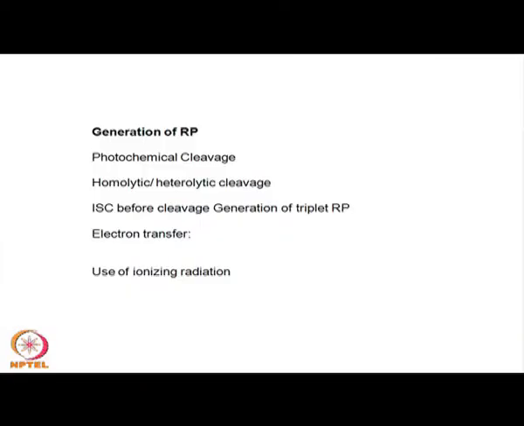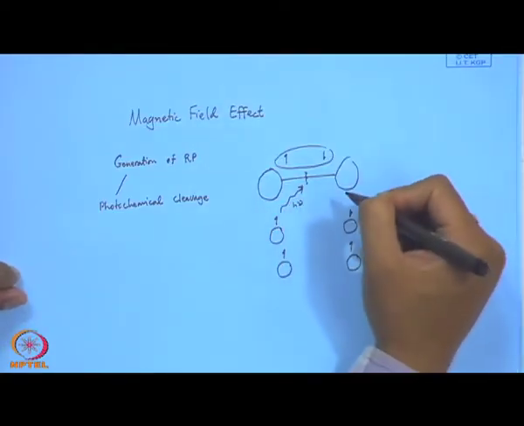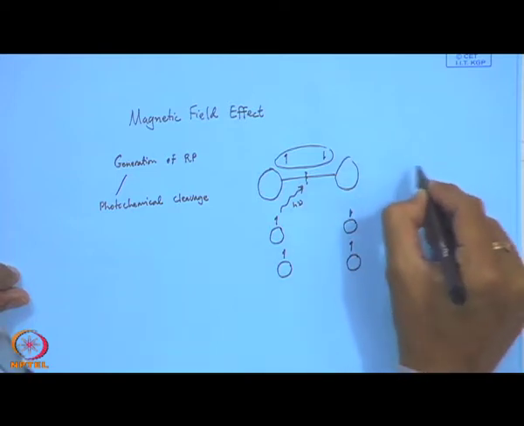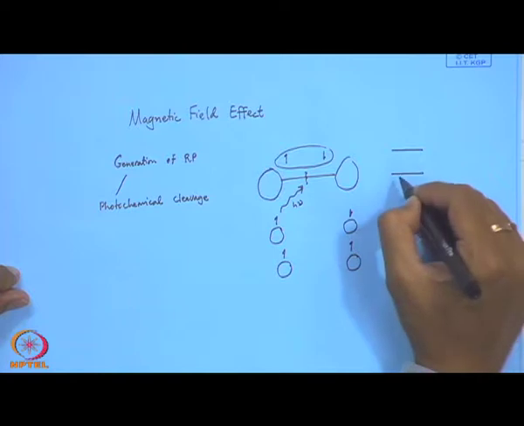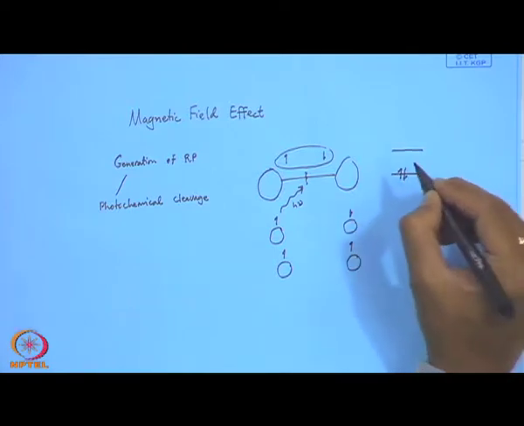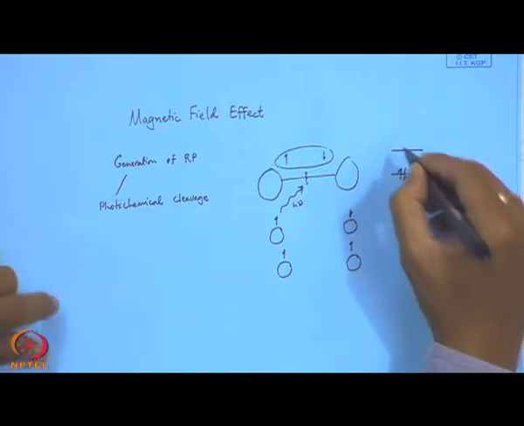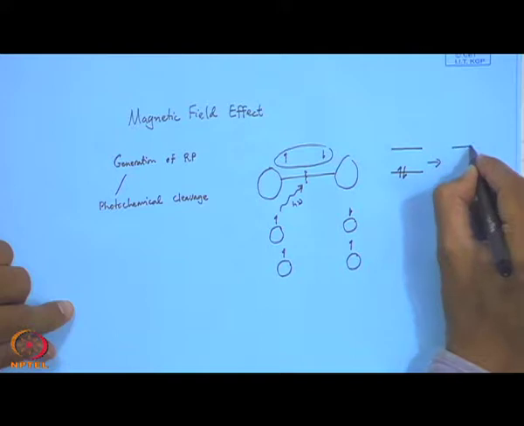Whenever you have this radical pair, in some cases, suppose you excite a molecule. When you shine radiation, it gets excited. If you think of this sigma bond in molecular orbital theory, and you excite with radiation, you get the excited state.